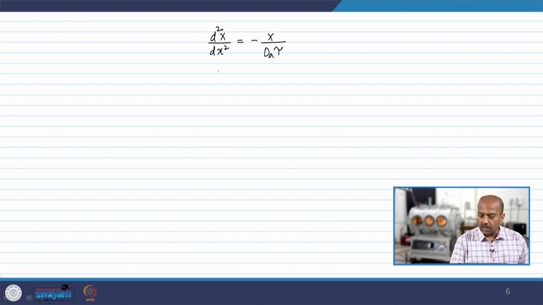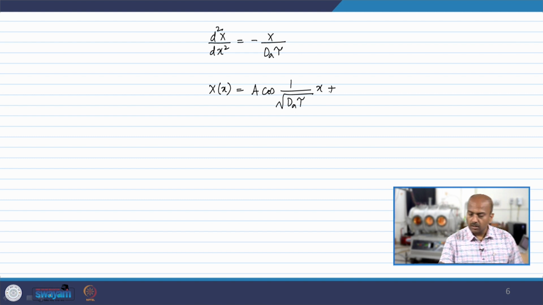So, the solution can be of this form: X of x is A cos (1 by square root of D_A tau) x plus B sin (1 by square root of D_A tau) x, right.